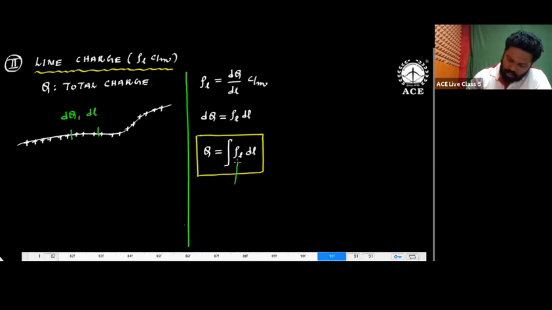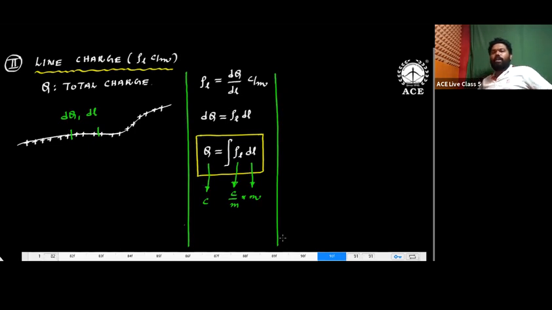So you need to convince yourself with the help of units. Here it is coulomb per meter. Here it is per meter. Here it is coulombs. Now, how do you find out the electric field due to this one? I want to find out the electric field at a distance of r.